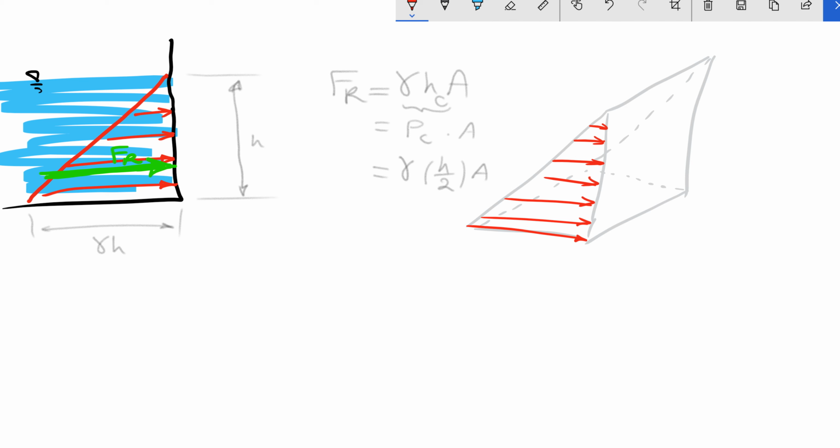This is the maximum pressure. Let me make sure you understand. Pressure at the bottom is going to be gamma h. Pressure at the top is going to be 0 because it's a triangular shape, 0 there. And this is our h, and this is b, and this one is gamma h.